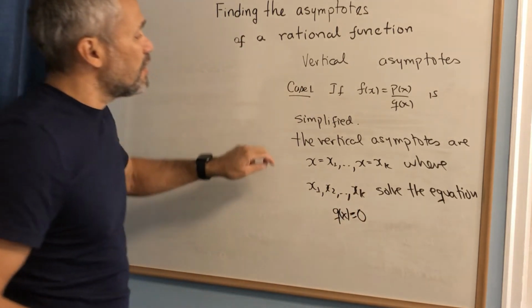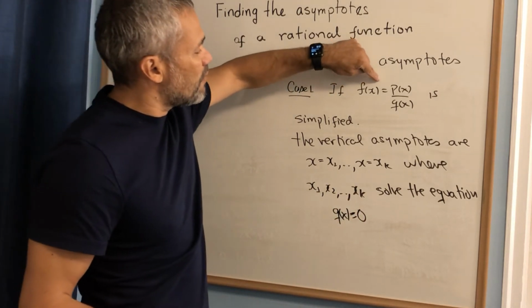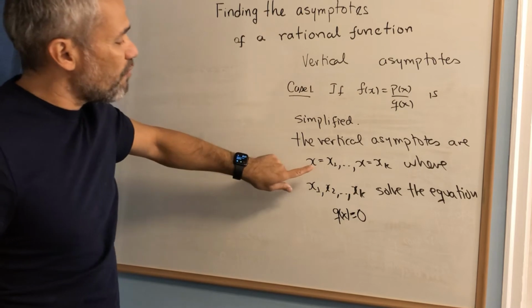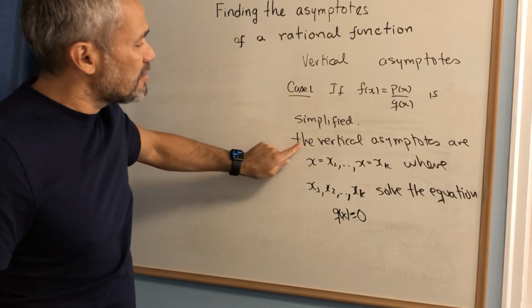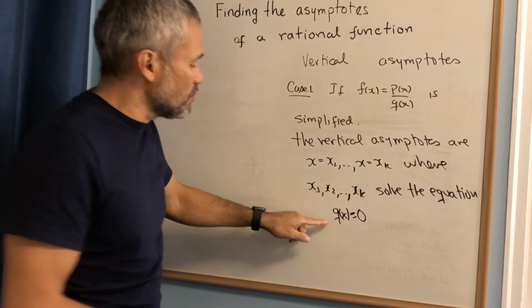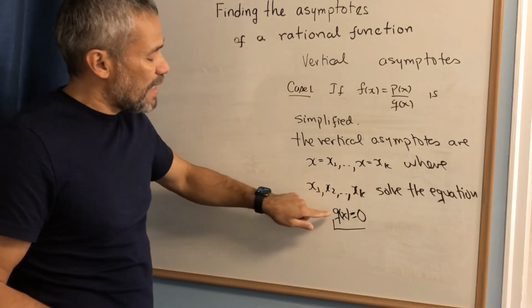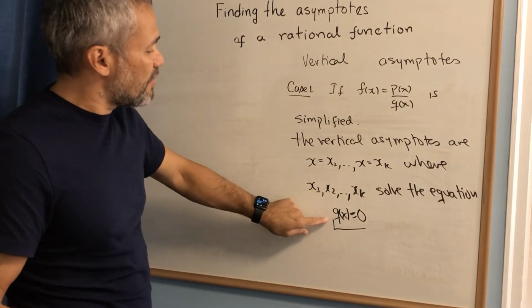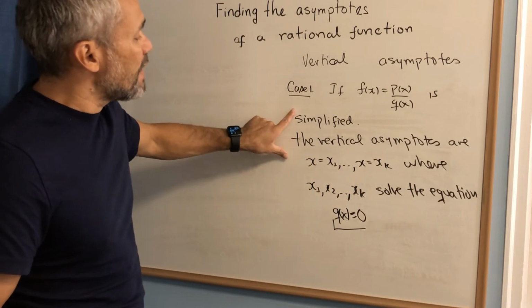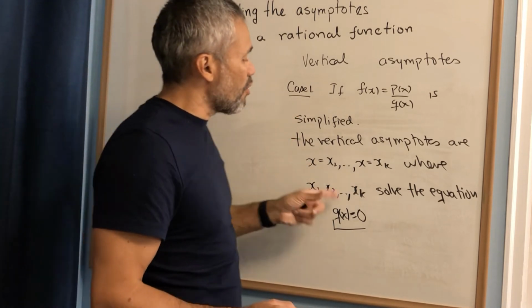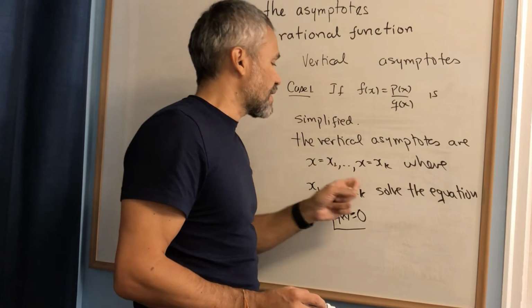Then essentially, once you check that your rational function is simplified, finding the vertical asymptotes is equivalent to solving this equation. Notice that this equation may have no answer in the real numbers, and for that reason, you may have the case in which there are no vertical asymptotes.